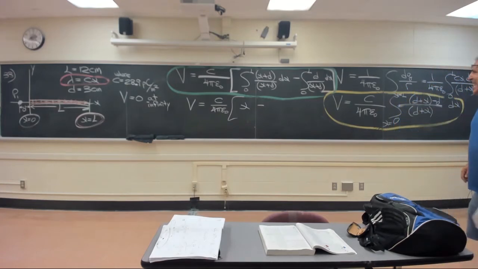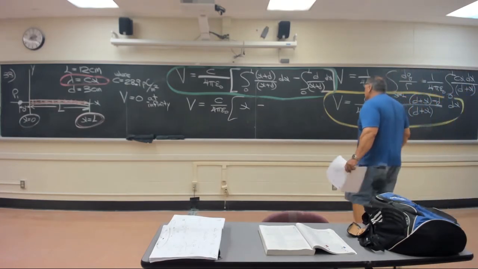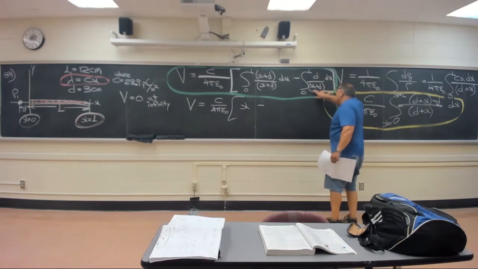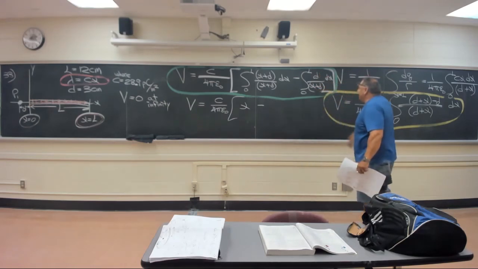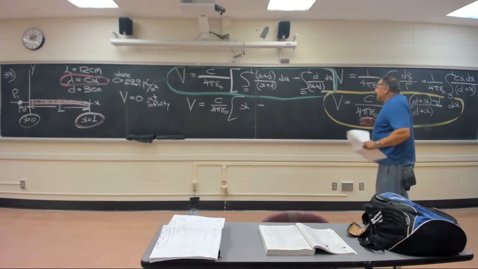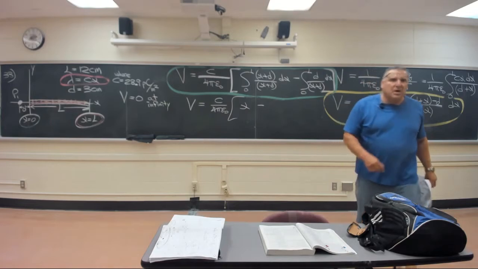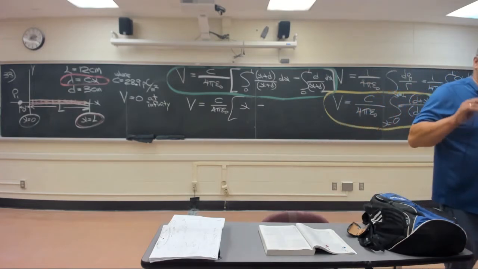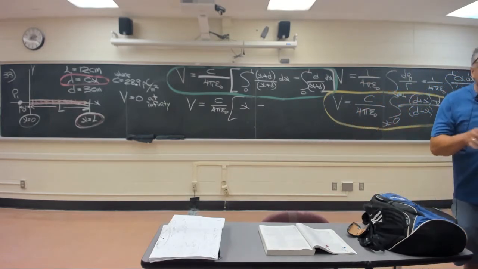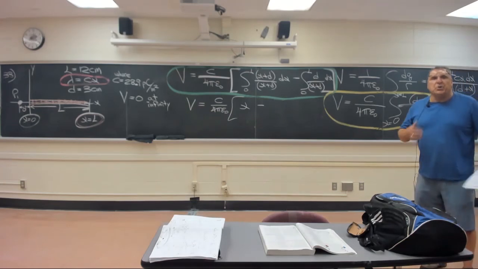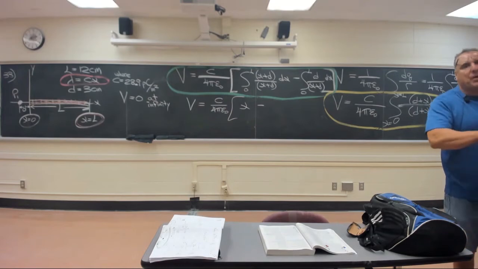The integral of d over the quantity x plus d dx, this right here, it really becomes d times the integral of 1 over u du. The x plus d, the dx associated with x plus d, if u were equal to x plus d, du dx is equal to 1. The d is not really playing a role.